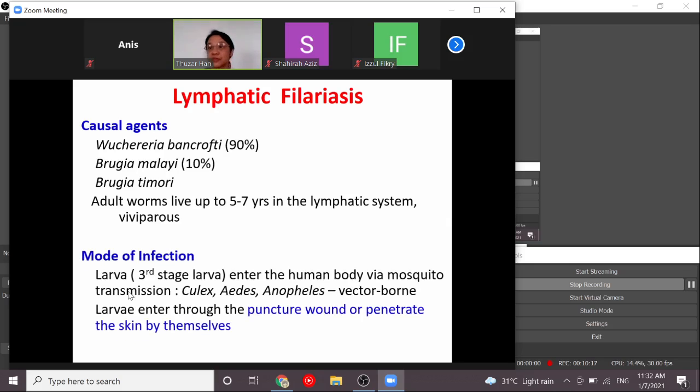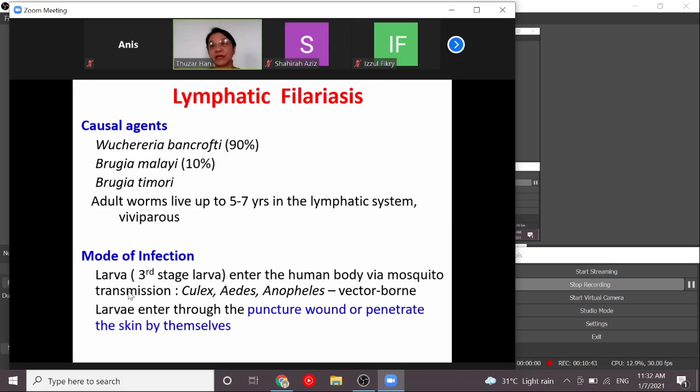So how is the infection transmitted? By the bite of the vector, the Culex mosquito. You already know that. Even though it is mosquito-borne transmission, the mode of actual transmission of the disease agent is different. In malaria, the sporozoites are injected by the mosquito.